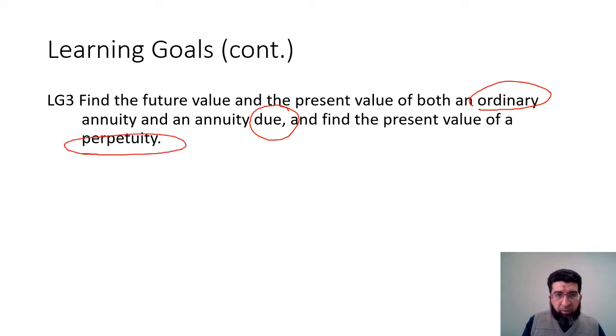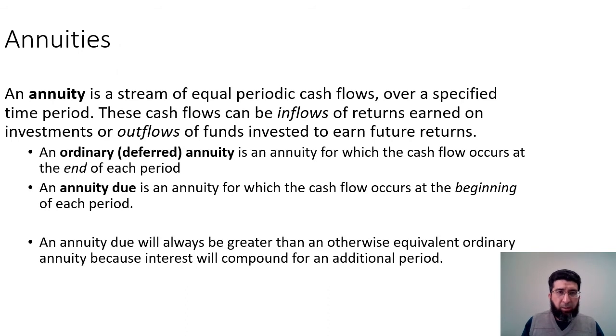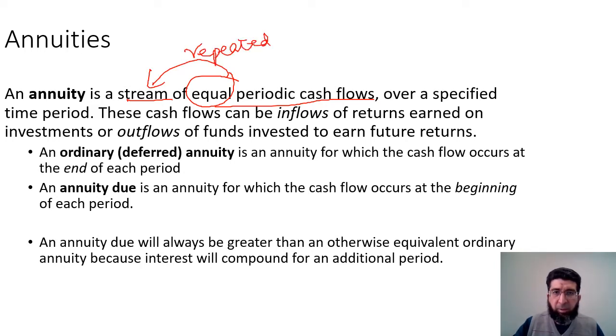So let's proceed. What is an annuity? An annuity is a stream of equal, repeated, periodic cash flows. So the amount is always equal and it is repeated over a number of years, months, or any other frequency.